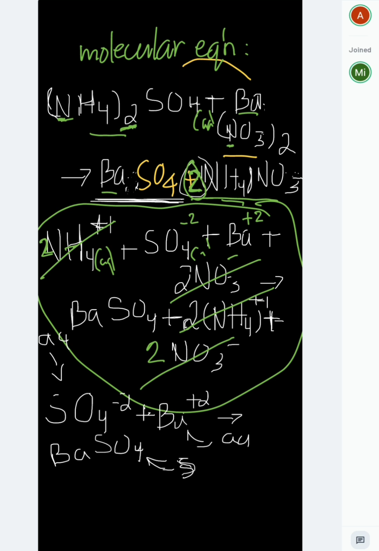Okay. Now, do you understand how to do it? Yeah, you have to know the formula of the compound. You have to know how to write it and the charges, the polyatomic ions.